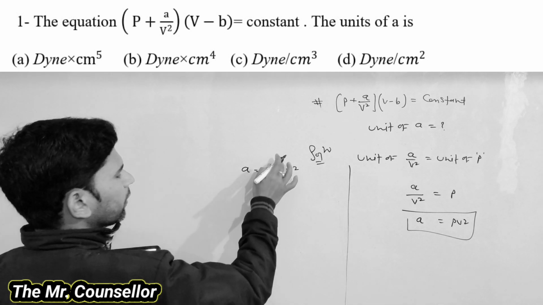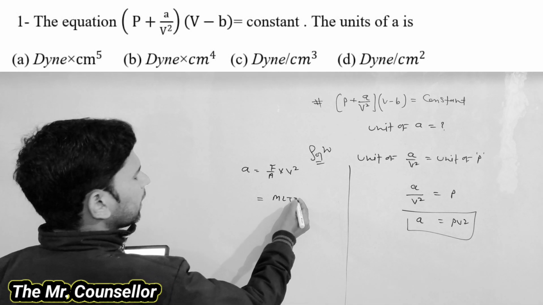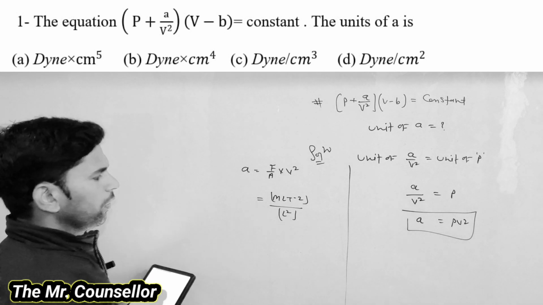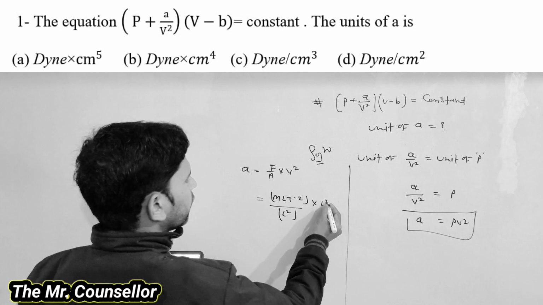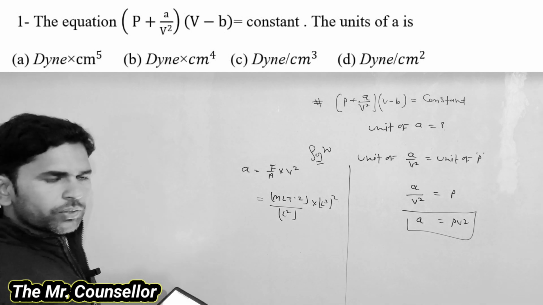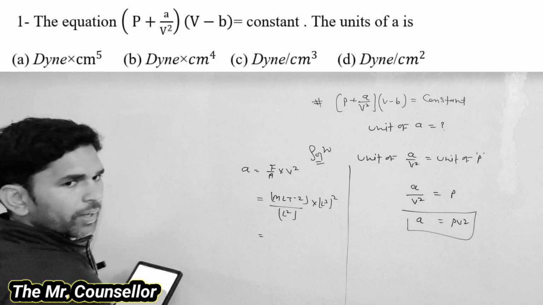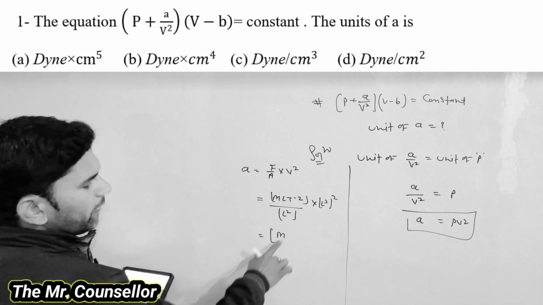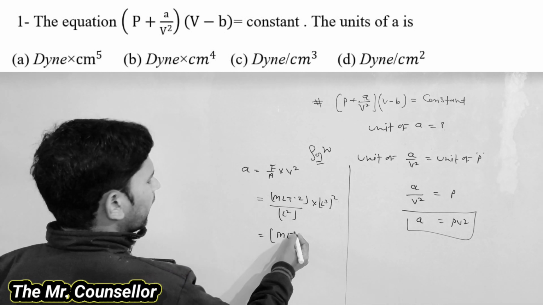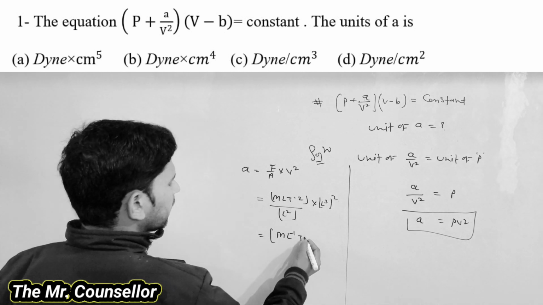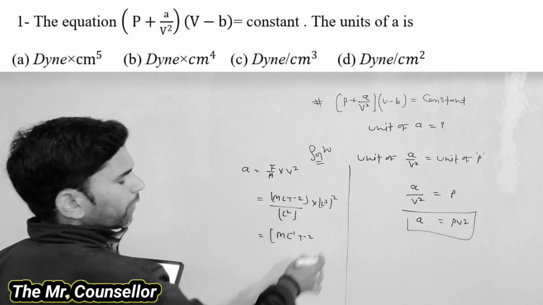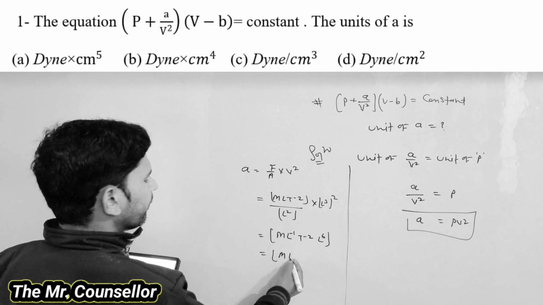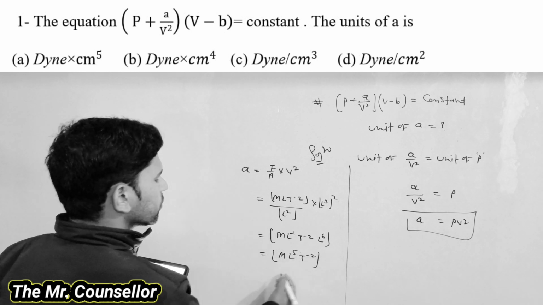Force is M L T to the power minus 2, divided by area L square, and volume is L cube, squared. After some arrangement we write M, L to the power minus 1, T to the power minus 2, and L power 3 squared gives L power 6. So A is M L power 5 T to the power minus 2.